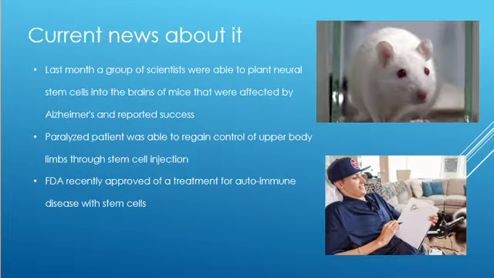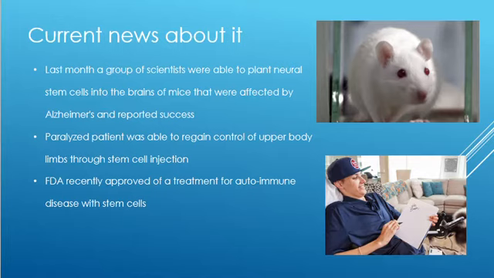So here's the more recent news about stem cells. Last month, a group of scientists were able to discover that Alzheimer's can be further treated with stem cells, because this group of scientists were able to bring mice back from symptoms of Alzheimer's to normal cognition.